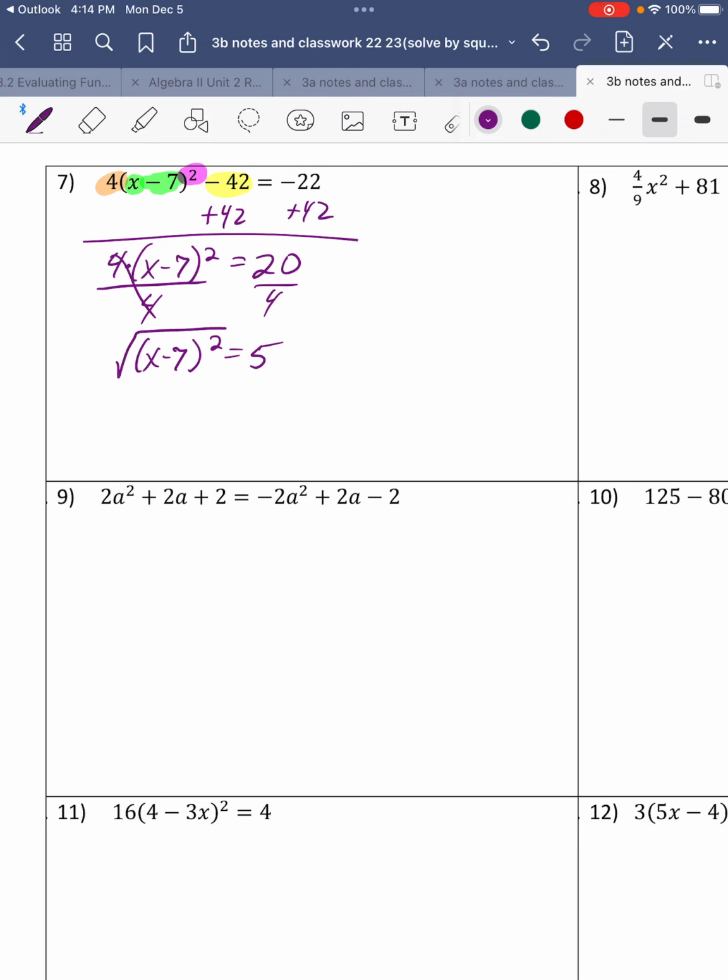Then we have square root. So we have x minus 7 equals a positive and negative square root of 5. And then add 7, and we're not going to do it at the end. We're going to put the positive 7 at the beginning.